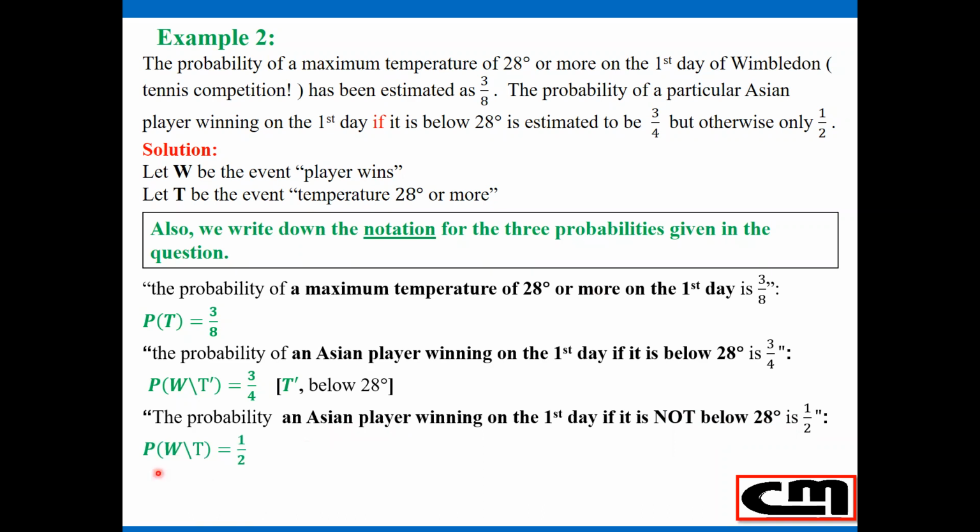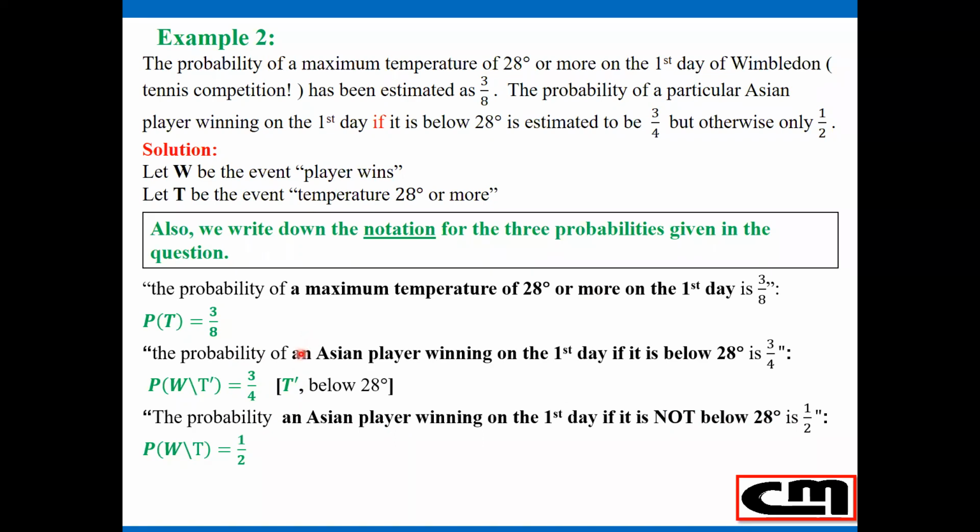So it will be simply probability of winning given that the temperature is not below 28 degrees, or the temperature is 28 degrees or more, is 1/2. Okay, I think we have written symbolically the given probabilities in the question.